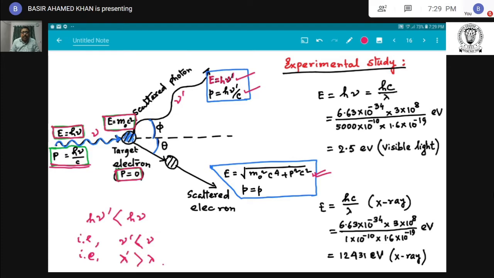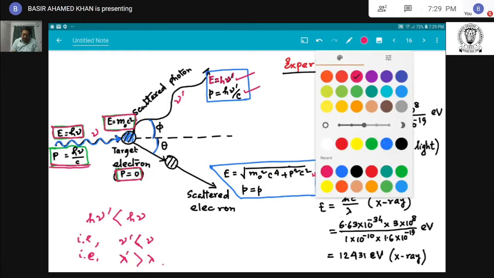I get this relation from the special theory of relativity. Therefore, we know before collision the energy and momentum of the incident photon and electron, and after collision the energy and momentum of the scattered photon and scattered electron.